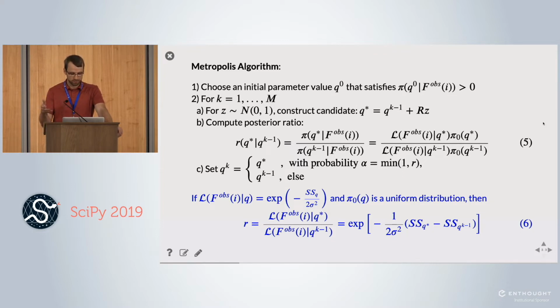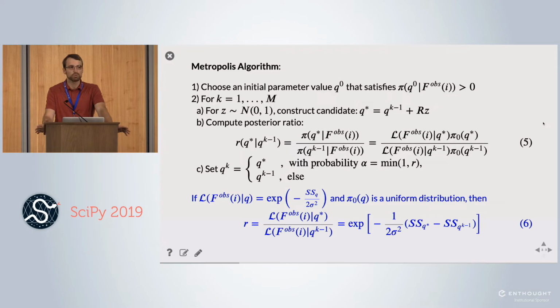I think it's a little easier to simplify this. Taking what I described on the previous slide, if we assume a Gaussian likelihood function that depends on that sum of squares value, and assume that your prior distributions are uniform, the priors cancel out, you're left with the likelihood functions, and you can put this posterior ratio in terms of just those sum of square values. The intuition is if you reduce the error between your model and your data, that's a good thing, and so we're going to accept that parameter value.